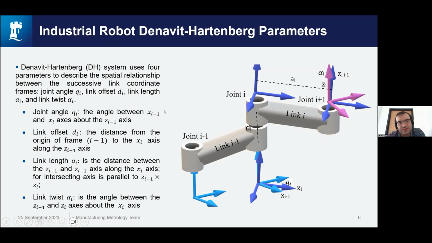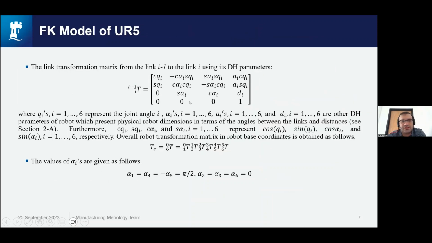And all of these parameters are used within the forward kinematic to identify the position and orientation of the industrial robot. As you can see here, the mathematical relationship from one link to another is identified using this transformation matrix.